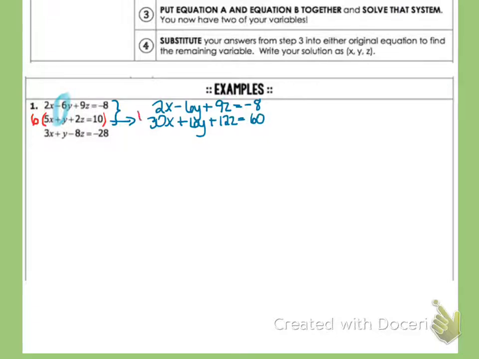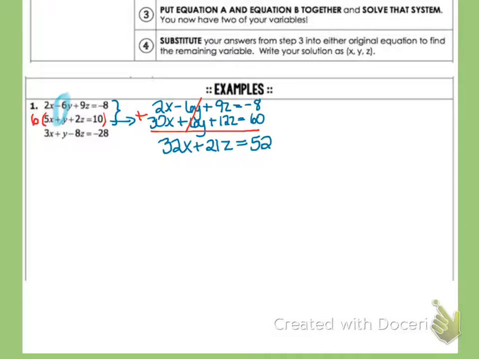And I'm simply going to go ahead and add these together, just like I would do with elimination with two equations and two variables. This way I'm going to get the y's to cancel out. I'll be left with 32x, no y's at all. My z's add up to 21, so I have 21z, and then adding my constants together gives me 52.